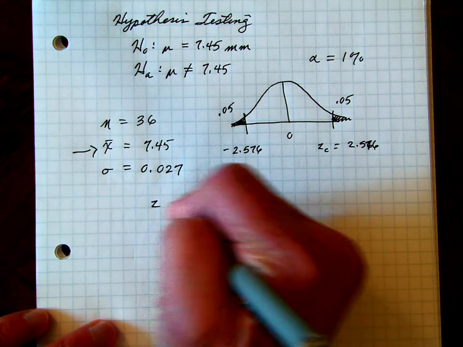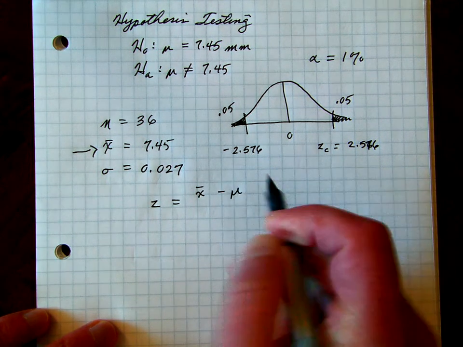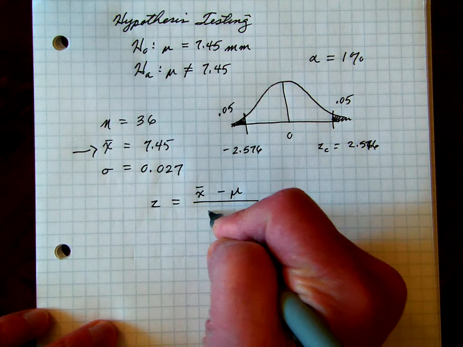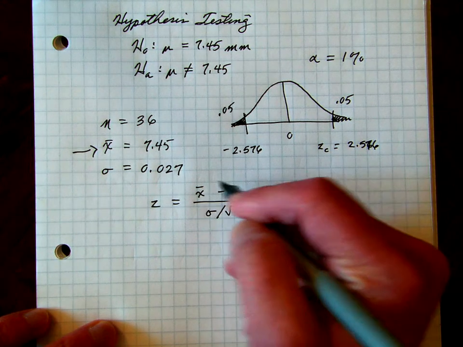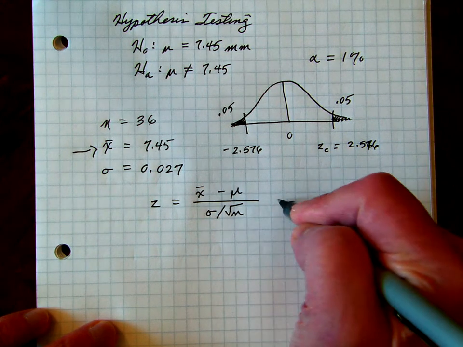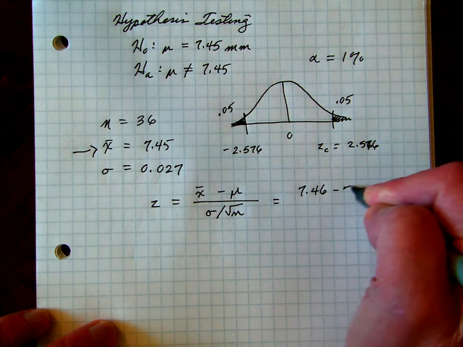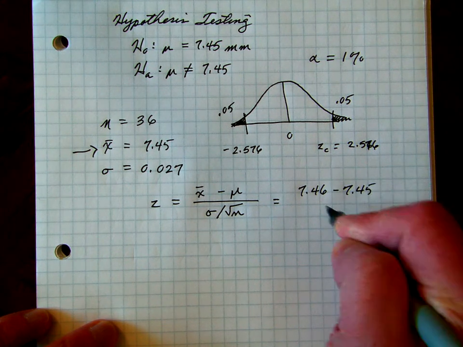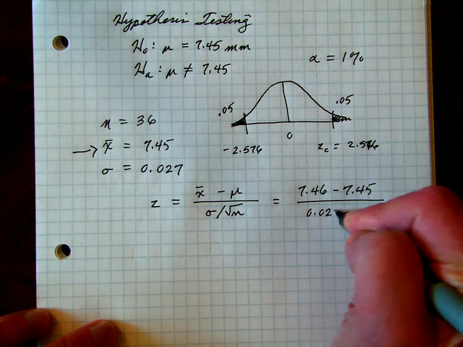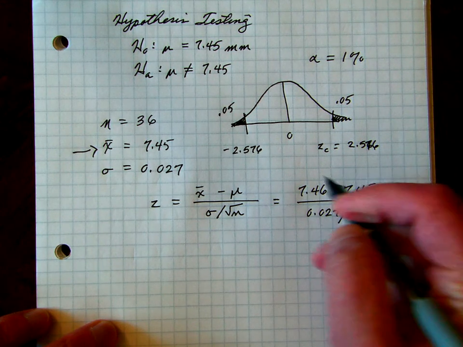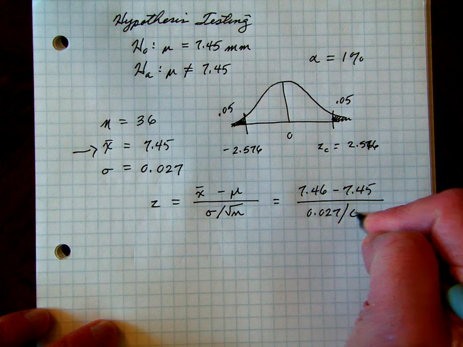We know that z is x bar minus the assumed mean over sigma divided by the square root of n, because this is a sample mean. So we're looking at 7.46 minus 7.45 divided by 0.027, and that in turn is divided by the square root of 36, or just 6.